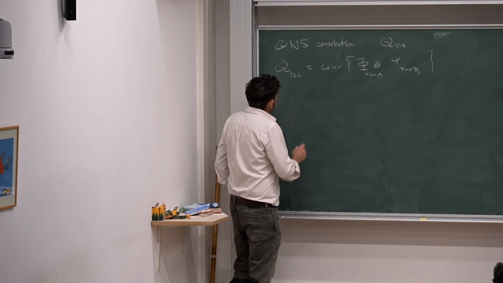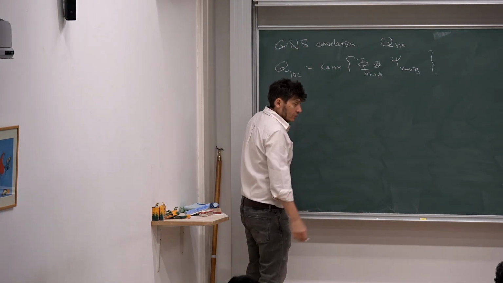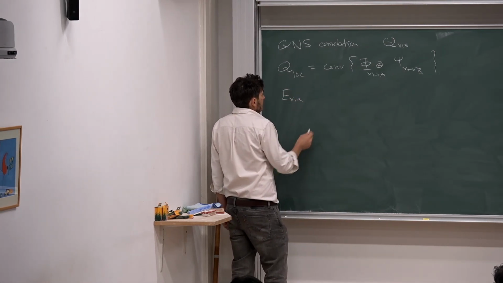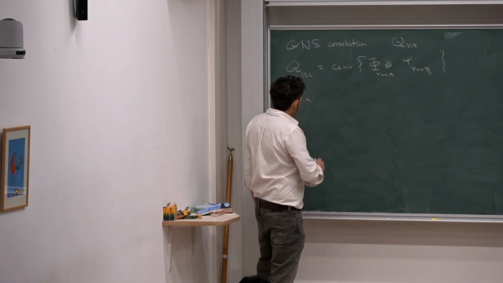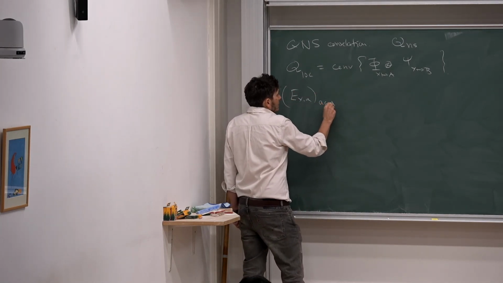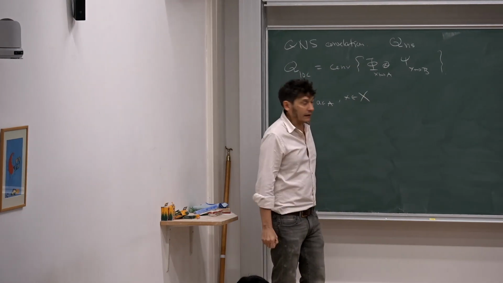So to define the other classes, let's return to the classical case, and see what's happening there. Let's concentrate on the QC class. You have a certain family of POVMs, one for every input for Alice.